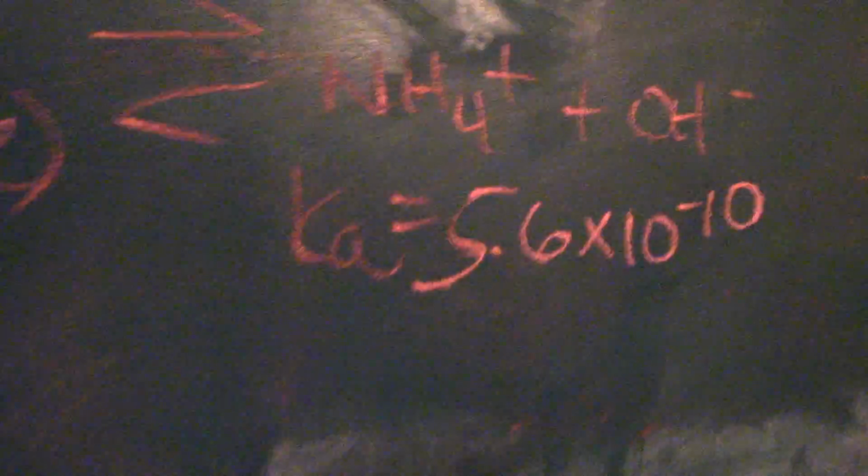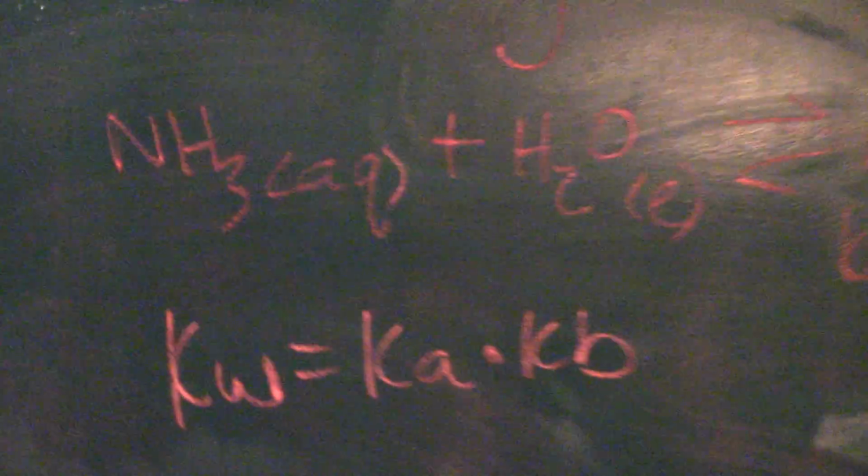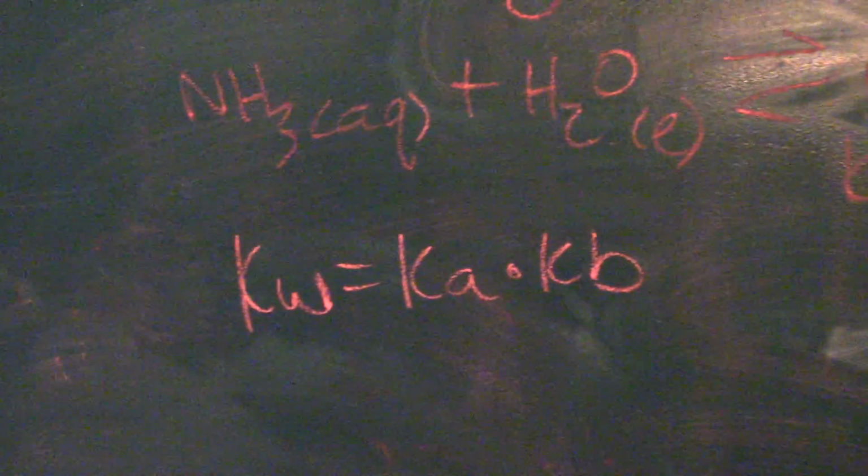So I can solve for the Kb. So Kw equals Ka times Kb. So we can convert. And that's going to equal, right, Kb is going to equal 1.0 times 10 to the negative 14 over 5.6 times 10 to the negative 10.